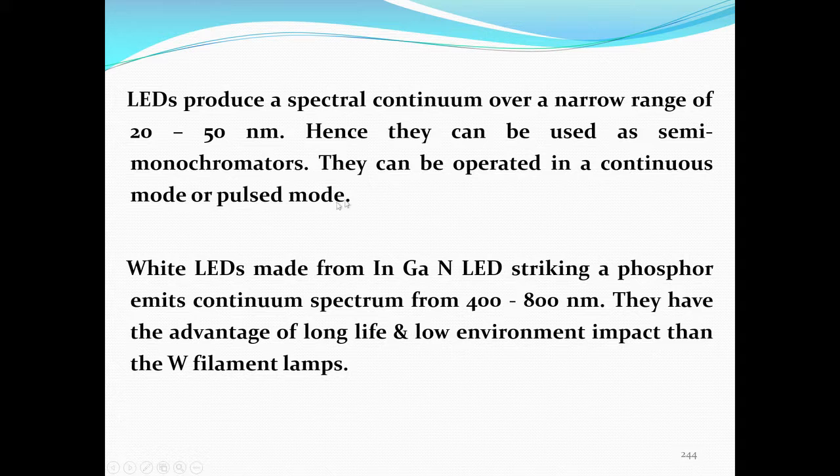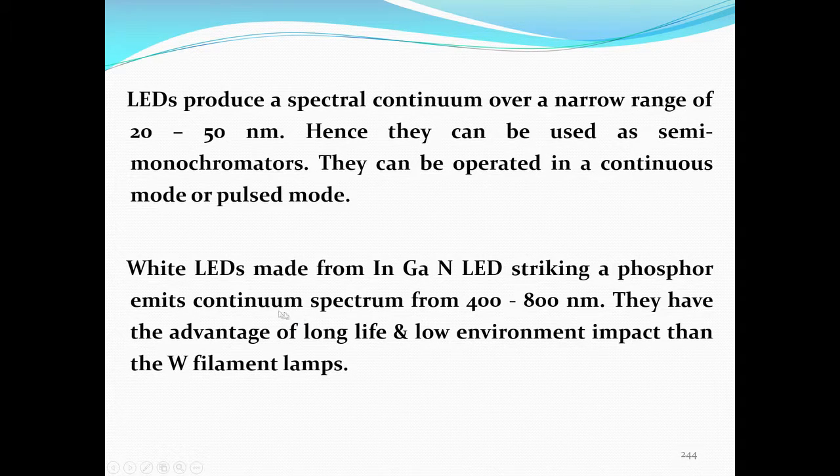They can be operated in continuous mode or pulse mode, and I was talking to you about the white LEDs. They are made from a gallium nitride LED striking a phosphor, which emits a continuum spectrum from 400 to 800 nanometers. That is why nowadays in a spectrophotometer the radiation sources are also made from LEDs, which give a continuum spectrum for 400 to 800 nanometers.